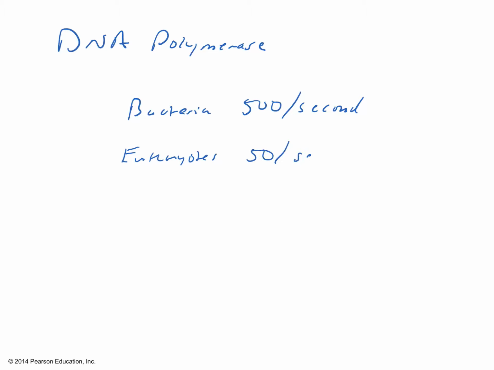It moves at about 50 nucleotides per second. So that's still pretty fast, okay? But the reason why it can move more slowly in eukaryotes is because, again, you have DNA polymerase working at thousands of different locations across that chromosome where each origin of replication was.